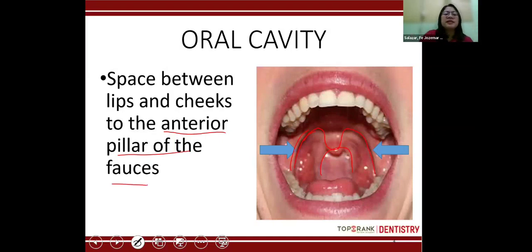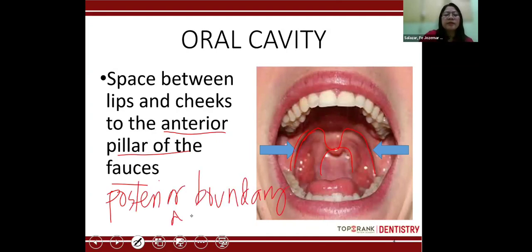That is the posterior boundary of the oral cavity. So this is a boundary between the oral cavity and pharynx.